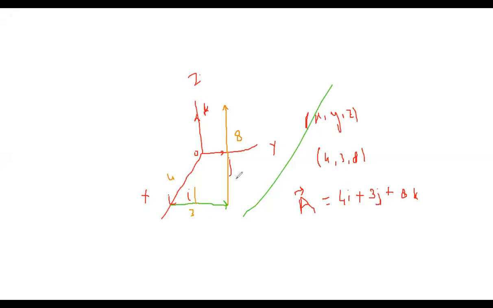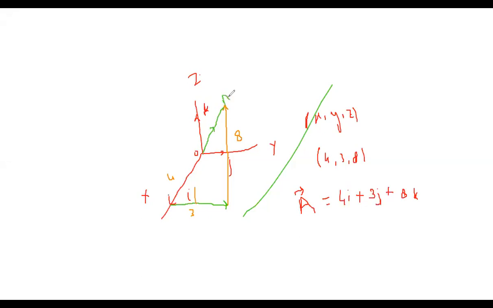But we know that when we join the initial to the final point, that is the resultant vector. So I'm going to join the resultant vector OA. You know this is the net displacement, and the arrow must be here. This is the point A.